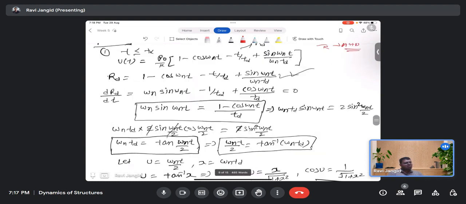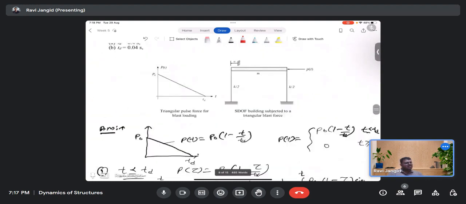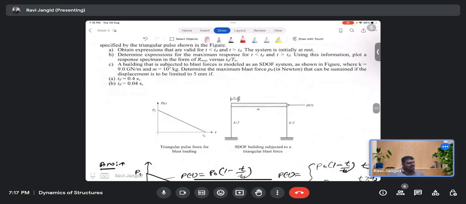So now let us move to part C. In part C, you are given the stiffness of the system, K, which is 9 into 10 raised to power 9 Newton per meter. Mass is given as 10 raised to power 7 kg.